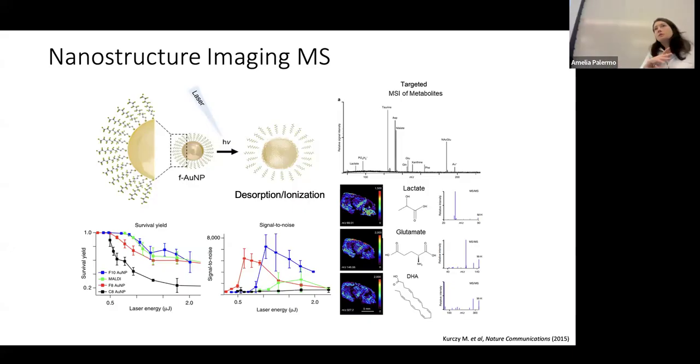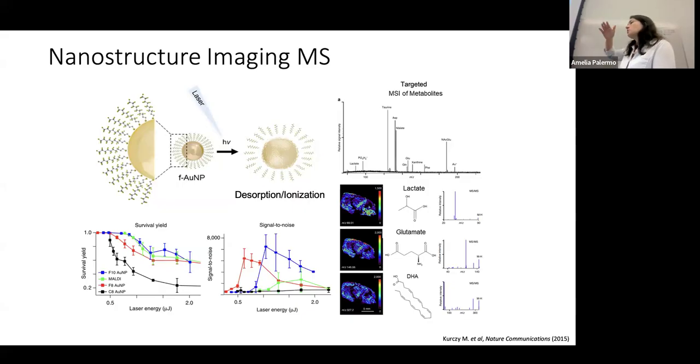So when the laser from the MALDI hits these functionalized gold nanoparticles that are distributed over the sample, the energy is first transferred to the gold nanoparticle, then goes to the surface. It's a way softer energy transfer approach as opposed to directly hitting the matrix and transferring to the analytes.